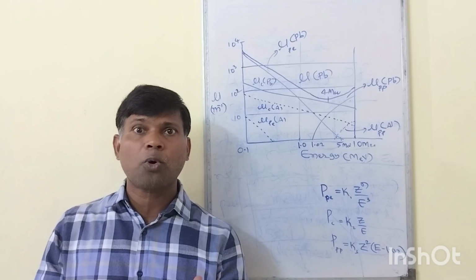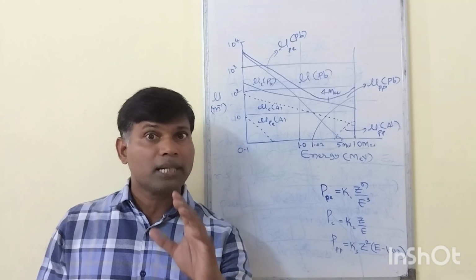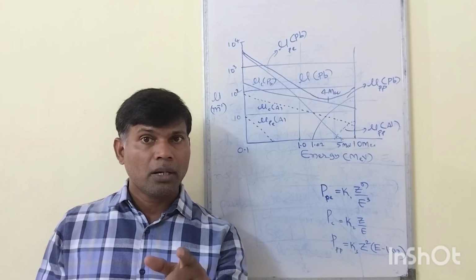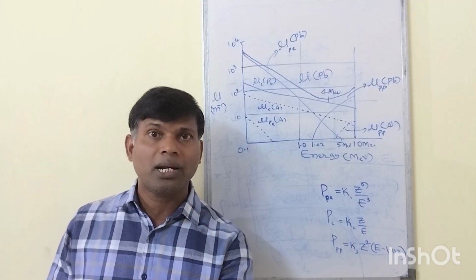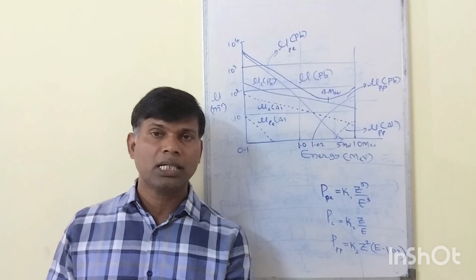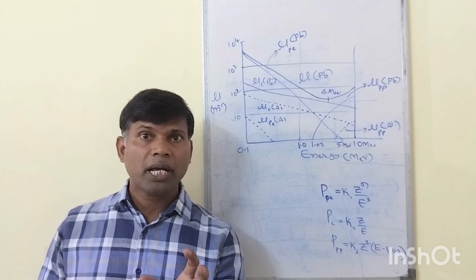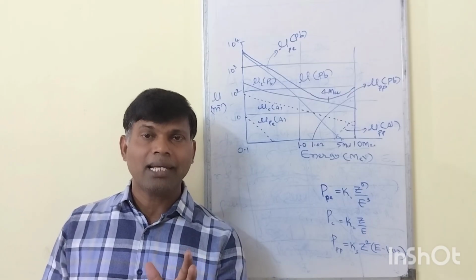The nucleus contains protons and neutrons. Neutrons are neutral in charge, protons are positively charged. Positively charged means it is giving an electric field.